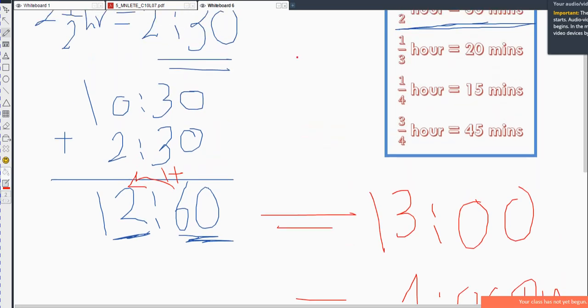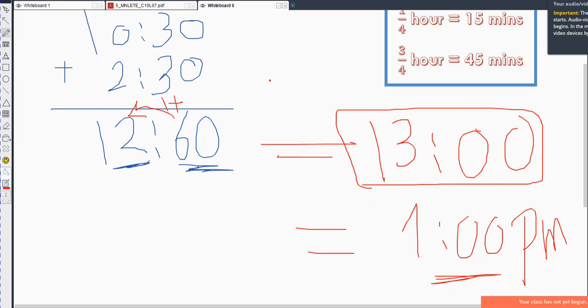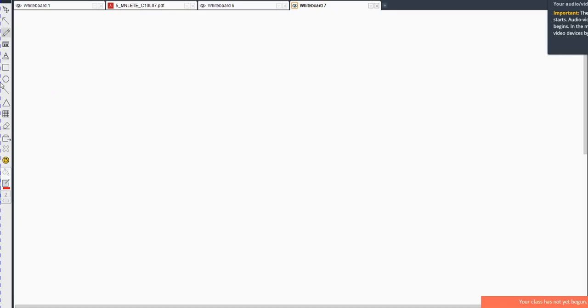So let's see how we can convert a time like that. We have 12 a.m., which equals 00:00.